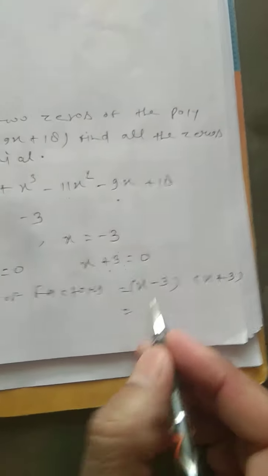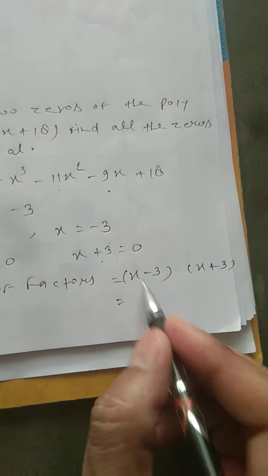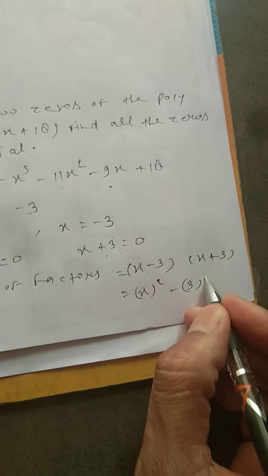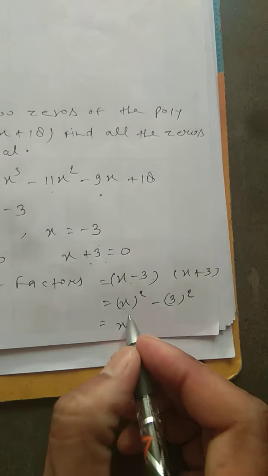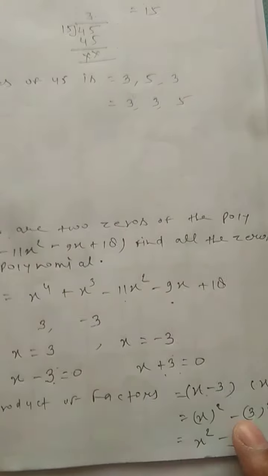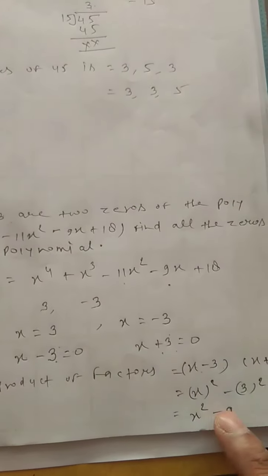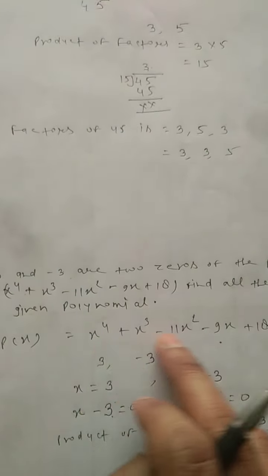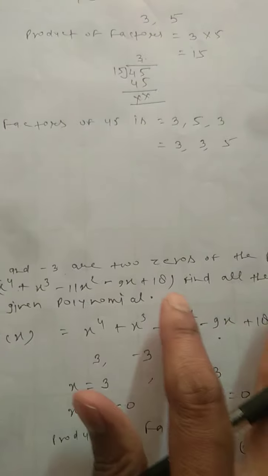You can see here a minus b, a plus b, we can use the identity a square minus b square. That means x square minus 9. X square minus 9 is the complete factor of this polynomial.